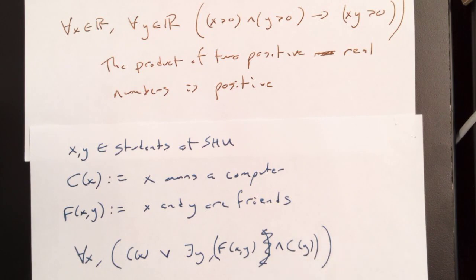Again, in English, it doesn't sound like a quantified statement. Students either own their own computers or are friends with someone who owns a computer. Now, again, the word every or all students is implied at the beginning of that sentence in English.